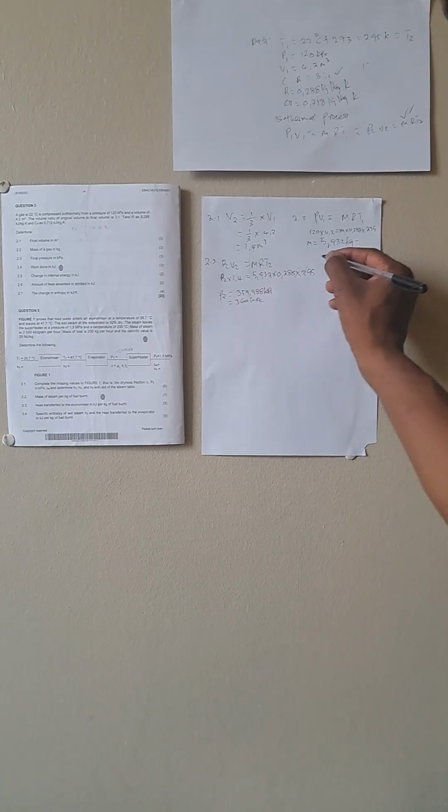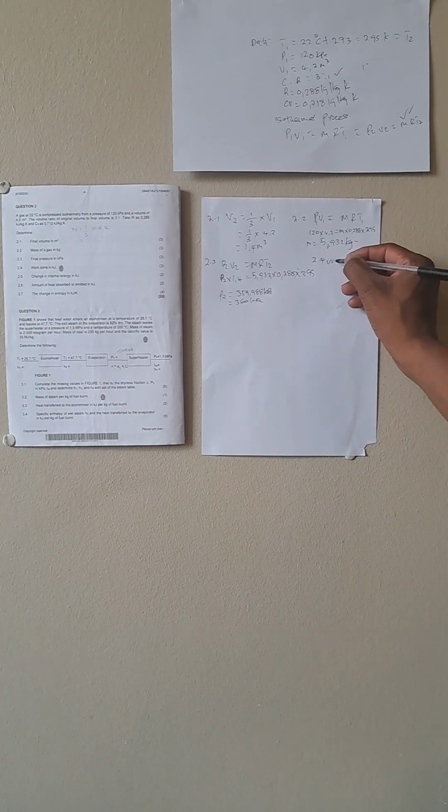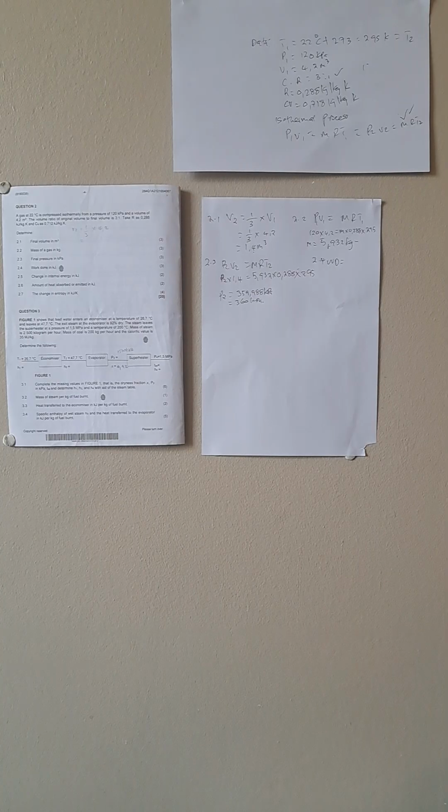So we can start off on 2.4. Work done equals P1 V1 ln of V2 over V1. These formulas are on the formula sheet, so there's no need for you to cram them or to stress about them.